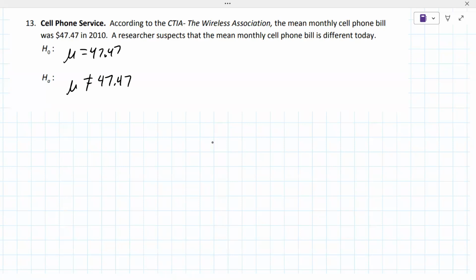All right, good. So now let's say we find that the Z value equals 2.59. Can you find the p-value that goes along with that?